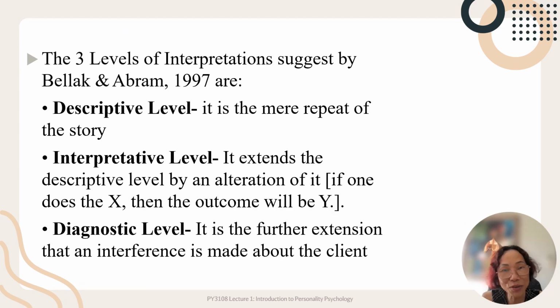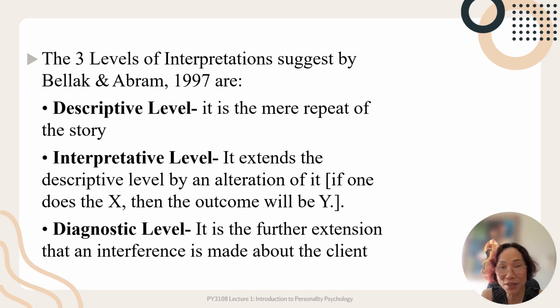The three levels of interpretation suggested by Ballard and Brand are: description level. This is the mere repeat of the story. Interpretative level, it extends the descriptive level by an alteration of it. For example, if one does X, then the outcome will be Y. So they are different, not just describing what happened in the story.